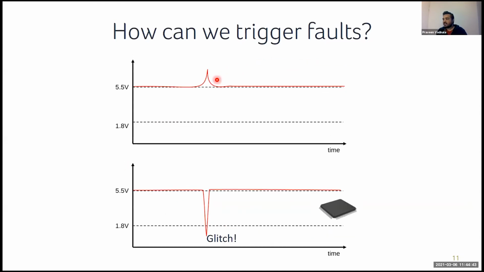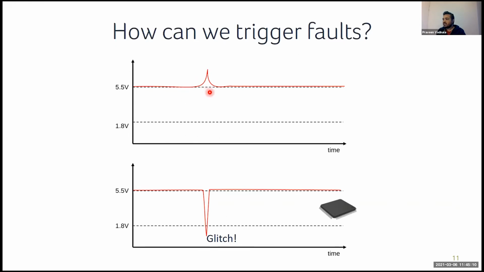What we are interested in is changing this voltage for a very slight amount of time, so that the chip doesn't die or just not boot, but keeps operating while triggering a faulty execution in the program.